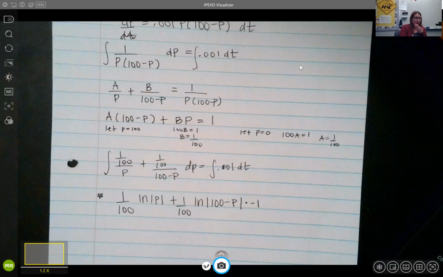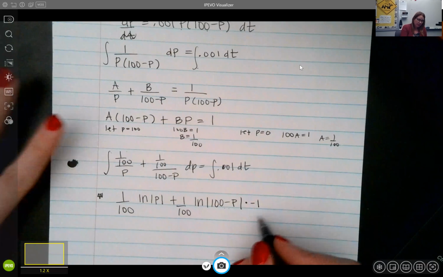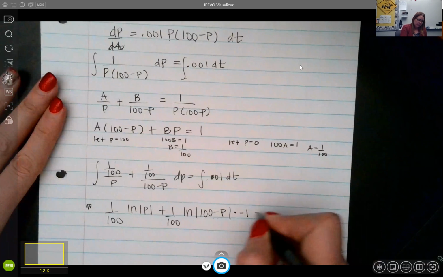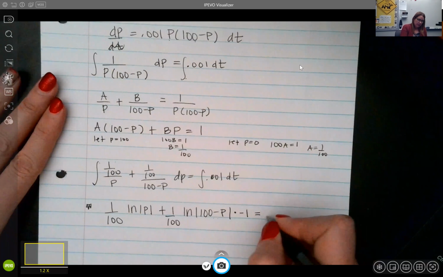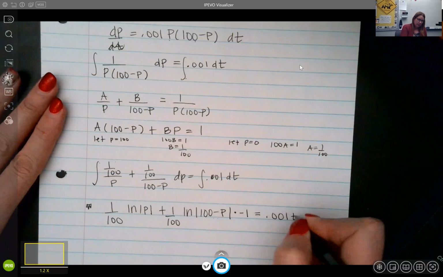We'd actually divide by negative 1. And then that equals 0.001 T plus C.